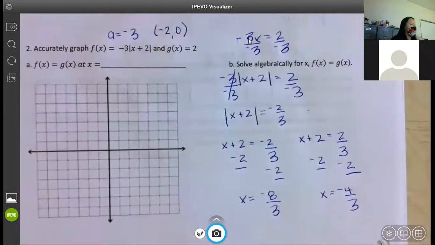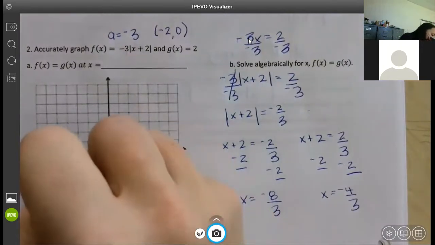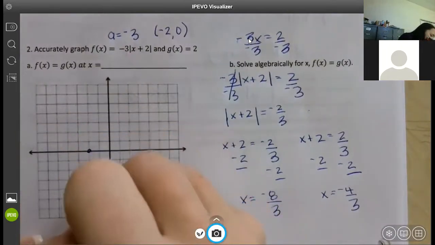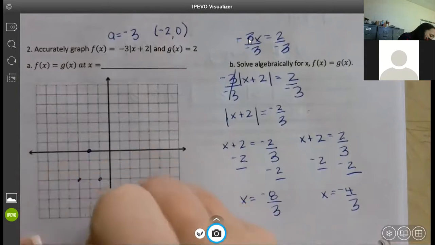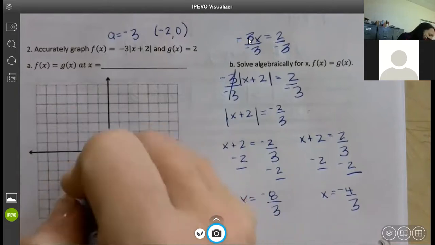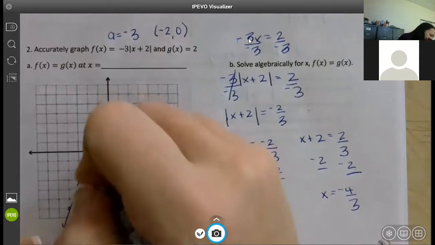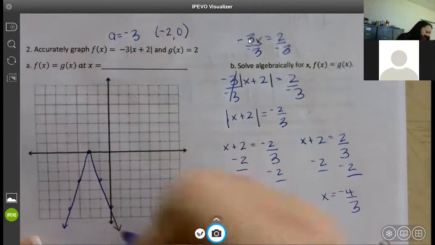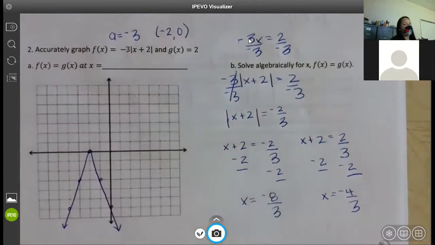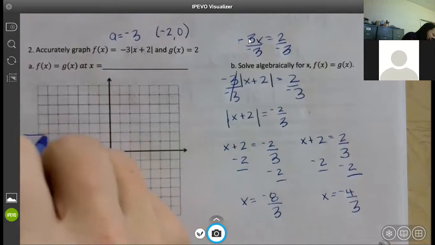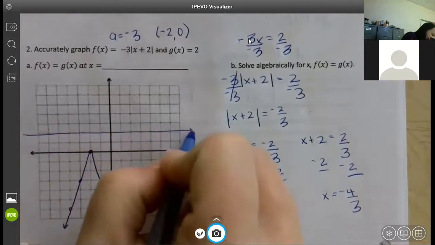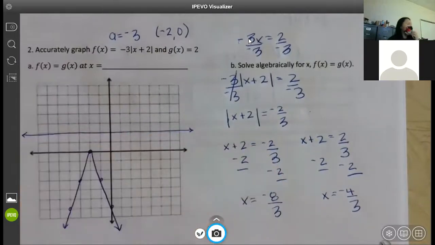And there's nothing on the outside, so a 0. So I'm going to graph that first. -2, 0. Down 3 over 1, and that's on both sides. It's going to look like this. So that's your f of x. G of x is at 2. What did you notice?